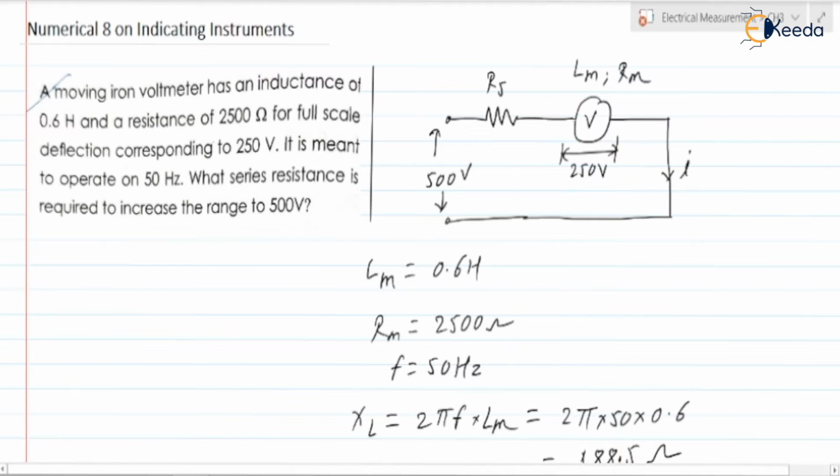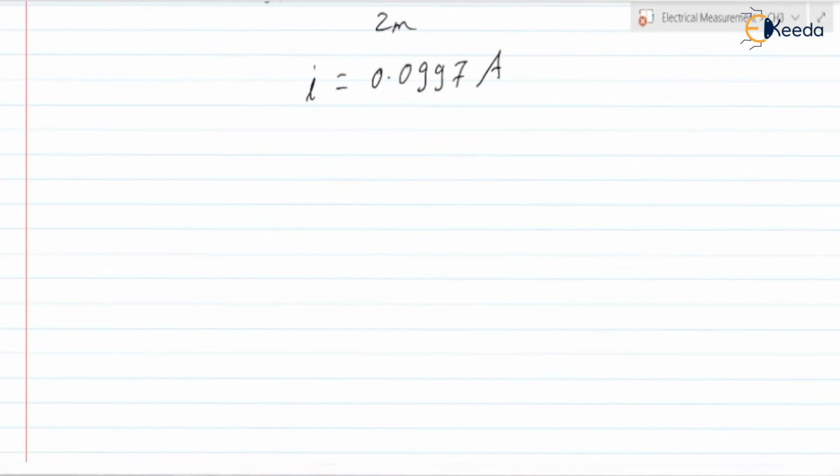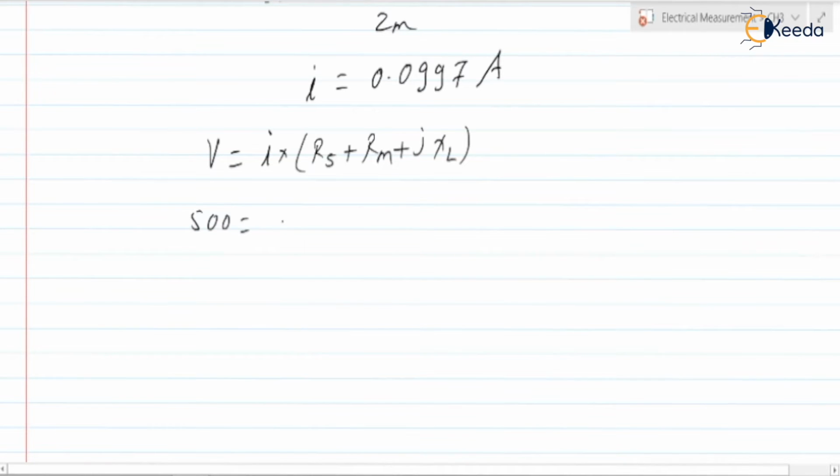We can write directly the total voltage V is equal to current I into RS plus RM plus jXL.